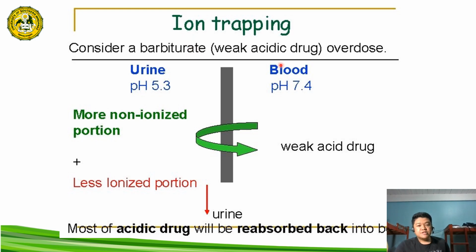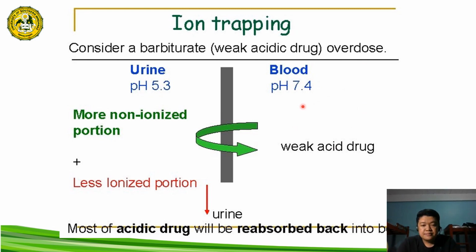So barbiturate, which is a weak acid drug, when we subject it to an acidic environment, so urine with a pH of 5.3, will be more unionized in the urine and less ionized.